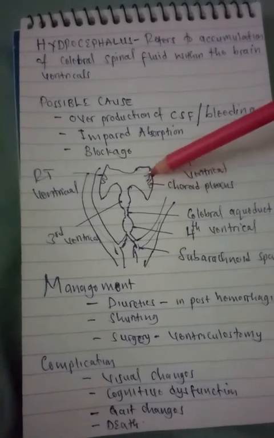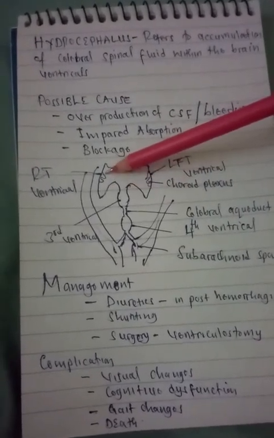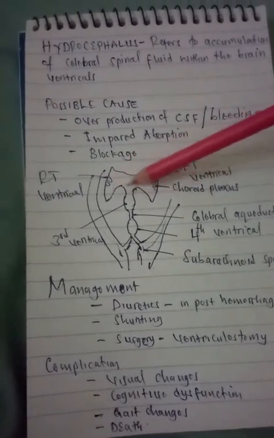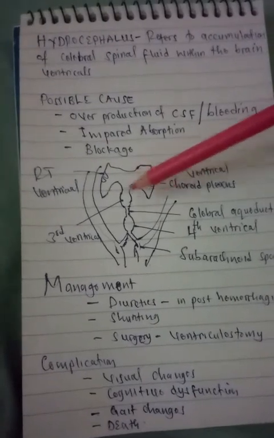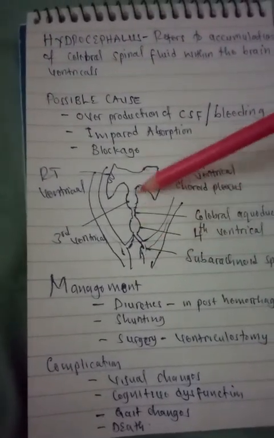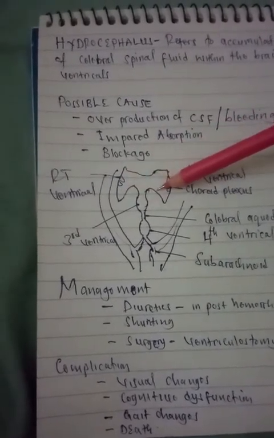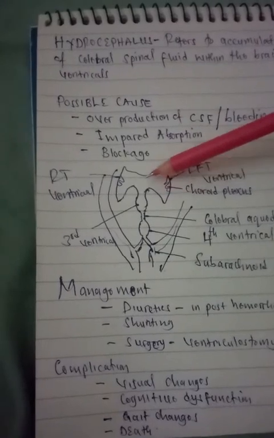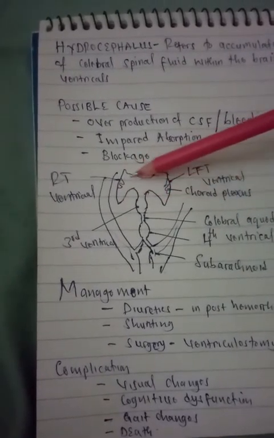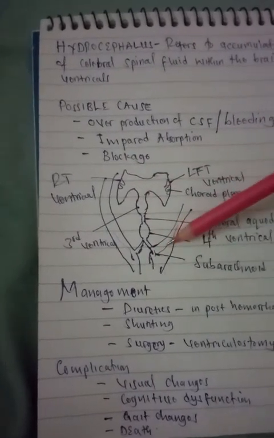So if a large amount is produced compared to absorption, a larger amount accumulates than the amount which is absorbed.